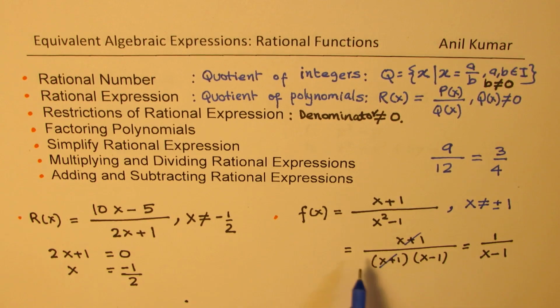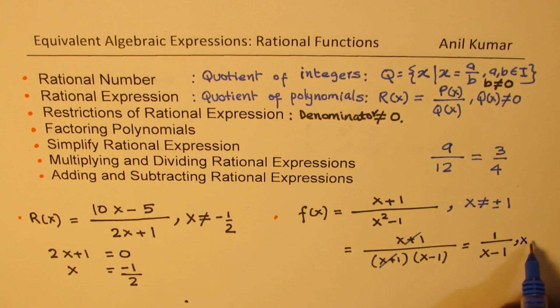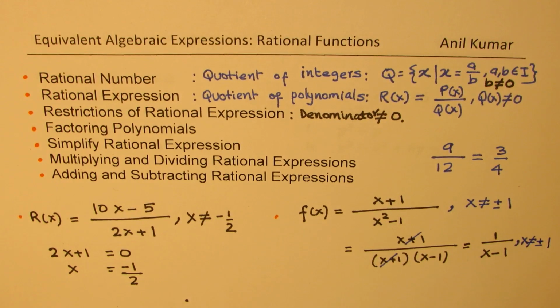Therefore, to write this as an equivalent rational expression, we have to include the restriction that x is not equal to plus minus 1. Is that clear to you? Correct? So you have to note that you have to write restrictions before cancelling the common factors.